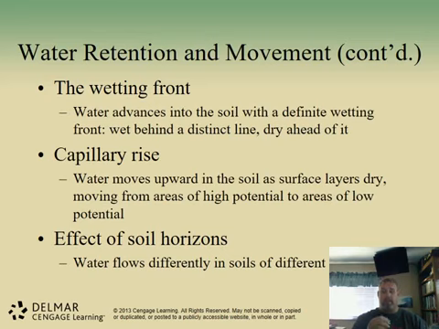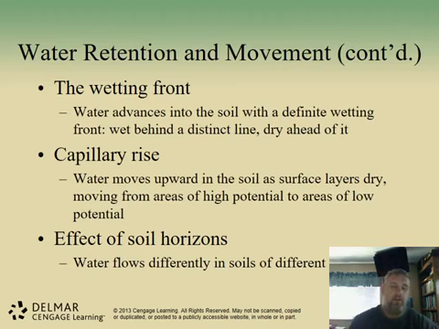And as the potential in the area above it becomes lower and lower, the water will start to flow upwards because the potential becomes greater than the gravitational forces. So capillary action, as it's called, is actually the movement of a water molecule up through the soil. And actually this capillary action can bring the water right to the surface of the soil and can allow that water to then be on the surface of the soil and potentially evaporate.